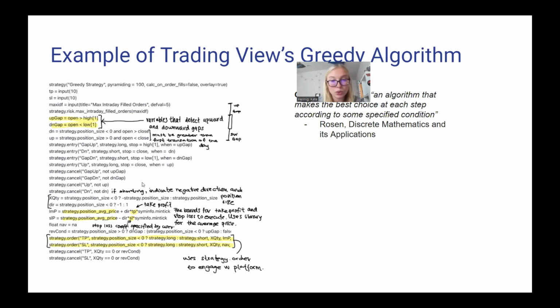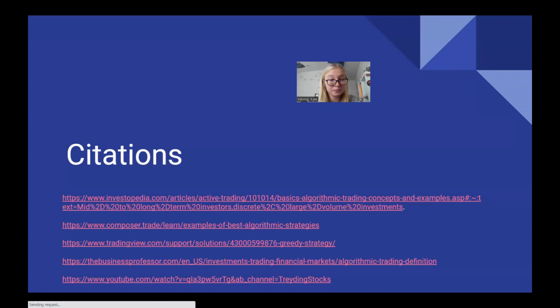You have the ability to short. You have the ability to go long. You have all four options, basically. You have a couple decision variables, and then at the end, you order based off of those condition variables. And as you can see, the script is not very long. It's actually quite approachable for people with coding experience.